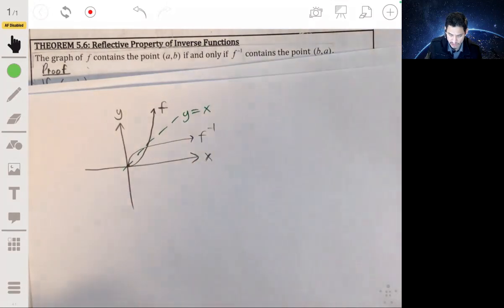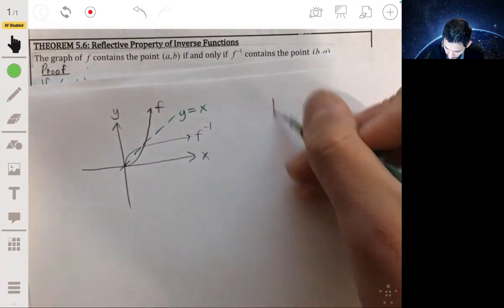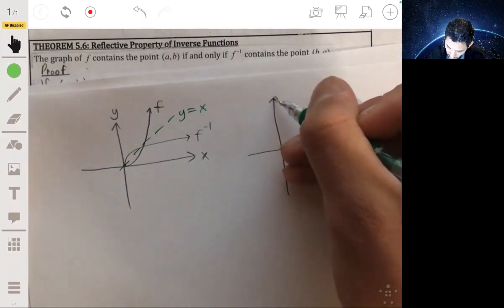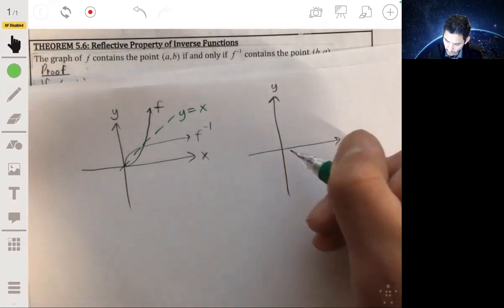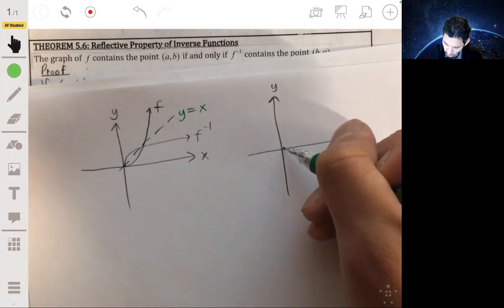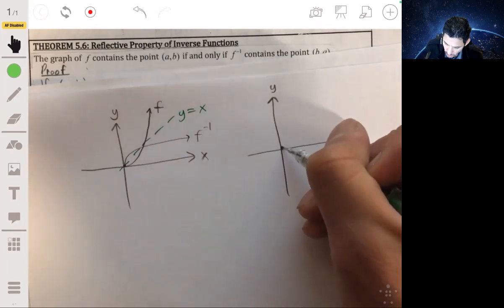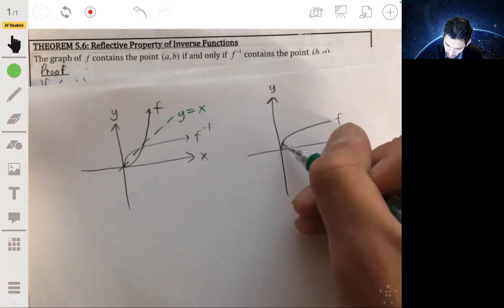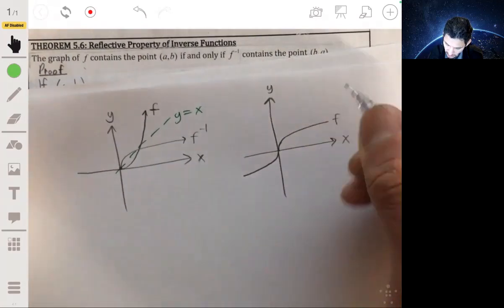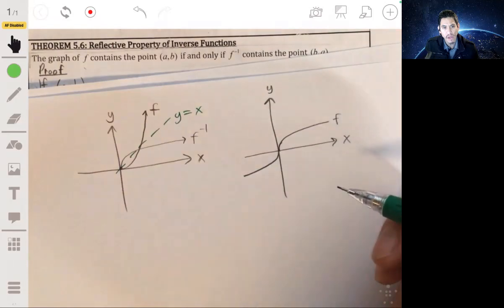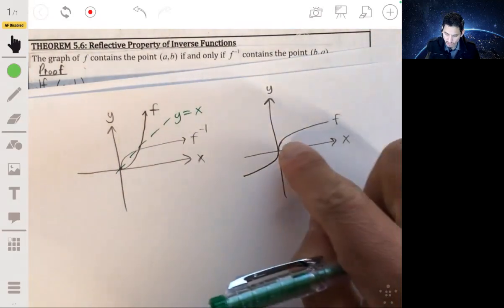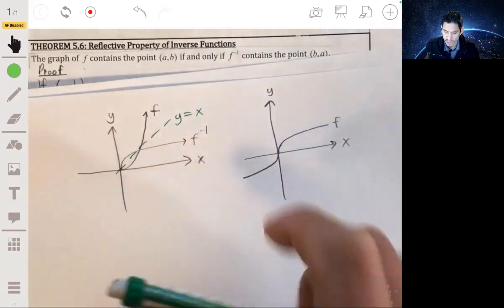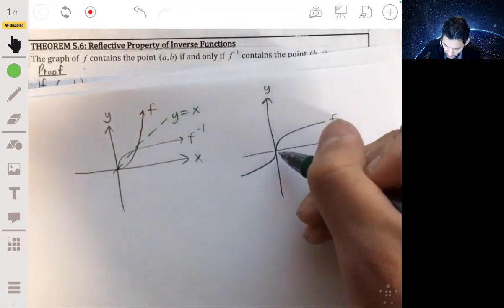Let's add a little more to this. Let's say that f looked like this, and on this side it did this. If we were to reflect this graph across the line y equals x, what would its inverse look like?